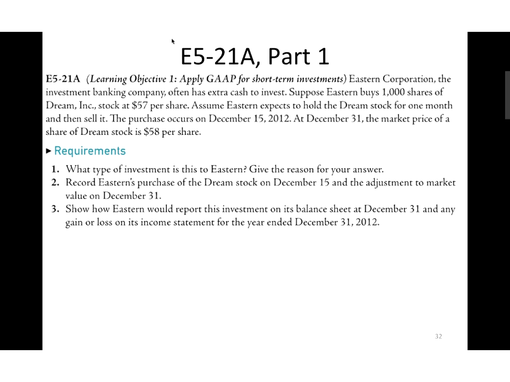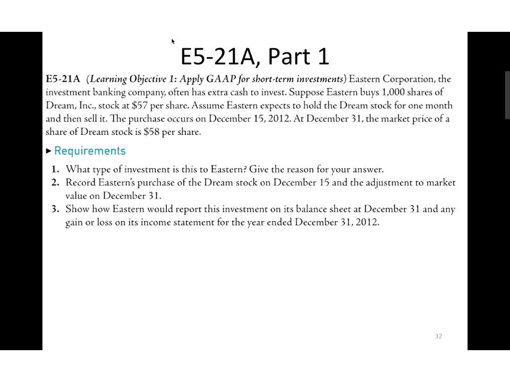The first question is, what type of investment is this to Eastern? We have 3 choices: held to maturity, available for sale, and trading securities. That was the question we started off with. Right off the bat, this is not held to maturity, because held to maturity is something that's going to be held for a while.